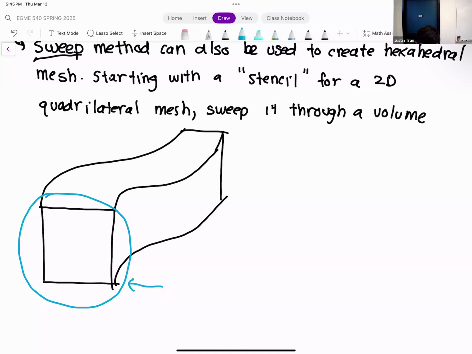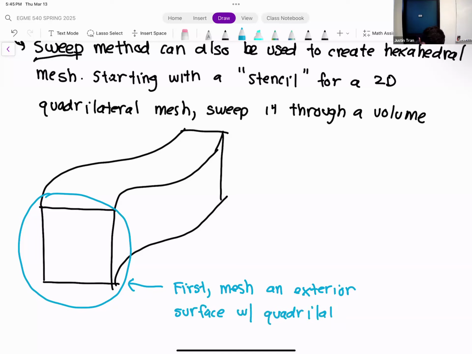So step 1 in the sweep method is to mesh this with quadrilaterals. That's pretty easy to do in this case, and so we're just going to create a cross hatch pattern here.